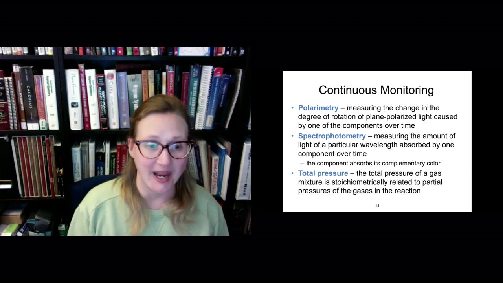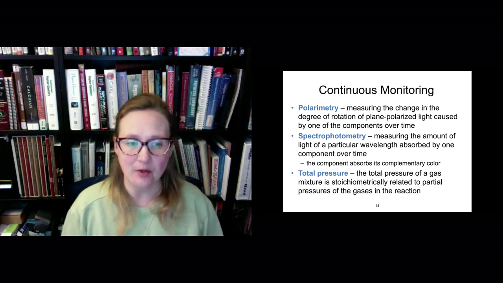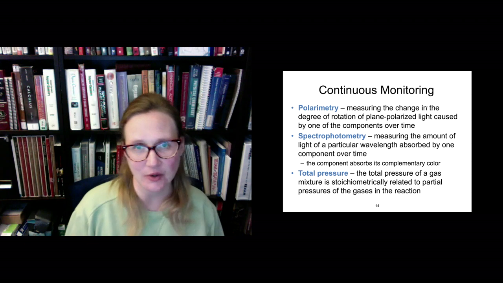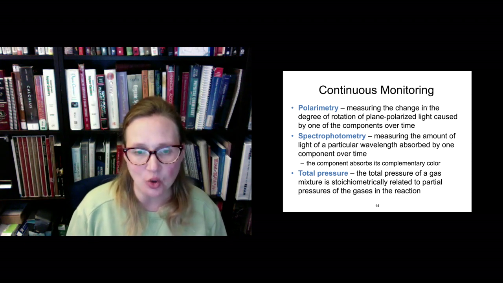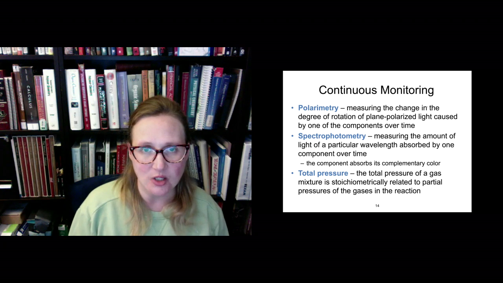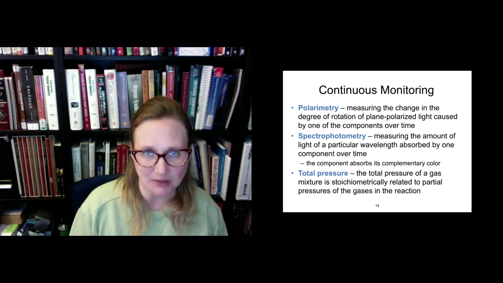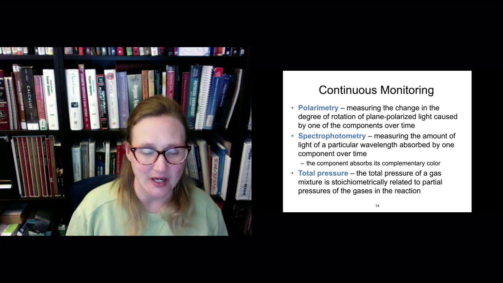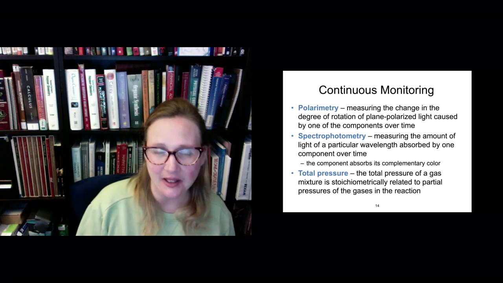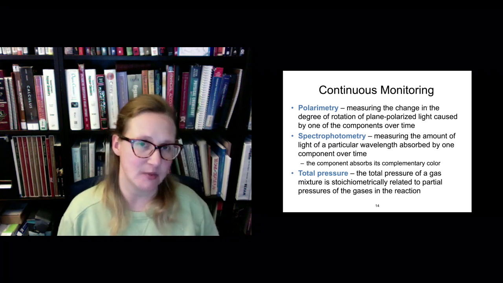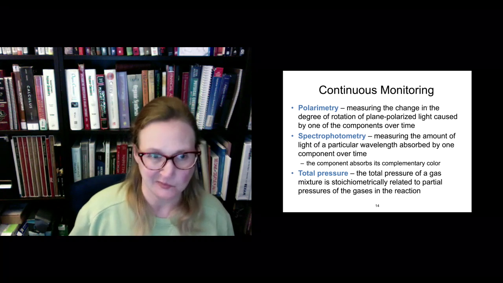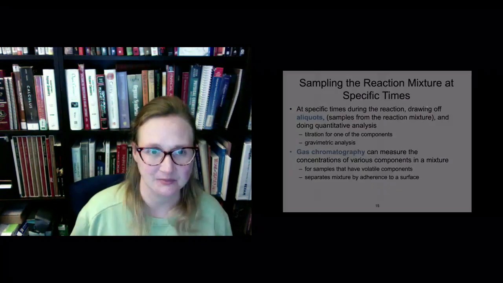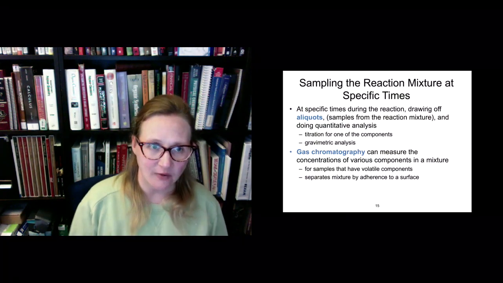All right, and really importantly, if we remember our color wheel, so this is going back to first semester when we talked about light, the component that absorbs is going to absorb its complementary color. All right, and so what you see is not what's being absorbed, it's the complementary color that's being absorbed.